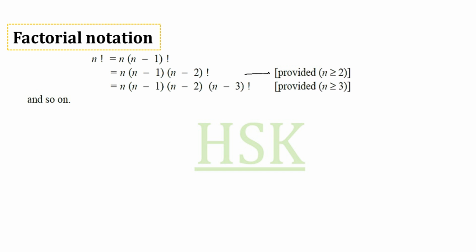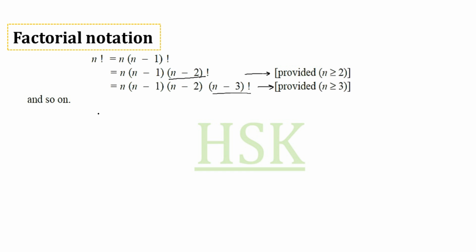We have to keep in mind that if we expand n factorial like this, then n should be such that the factorial term does not become negative. If we write n minus 2 factorial, n should be greater than or equal to 2. If we write n minus 3 factorial, n should be greater than or equal to 3.